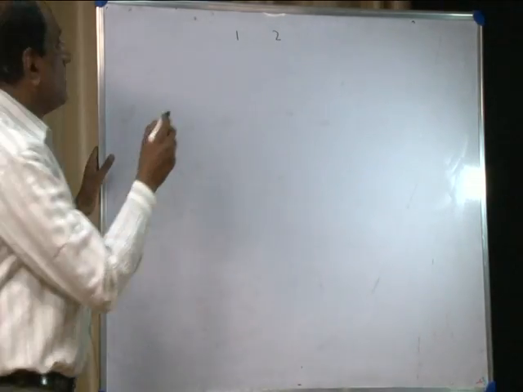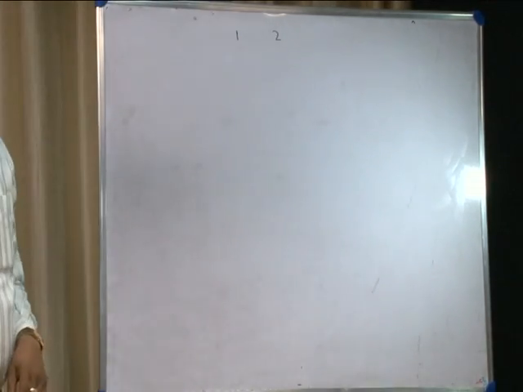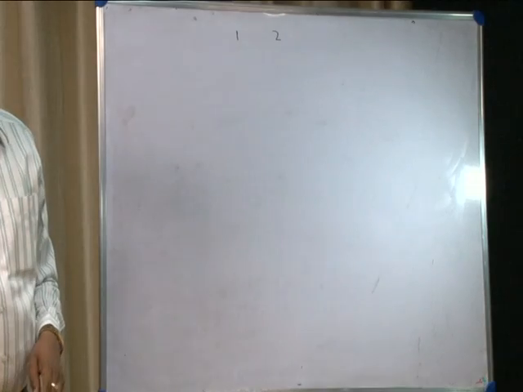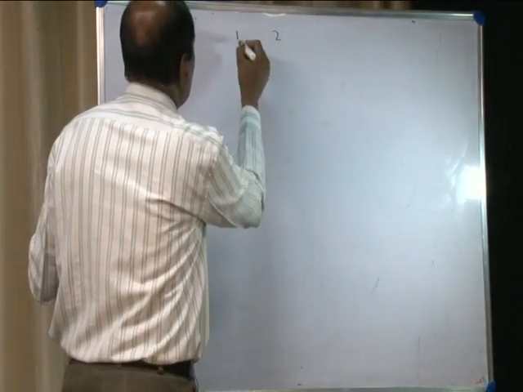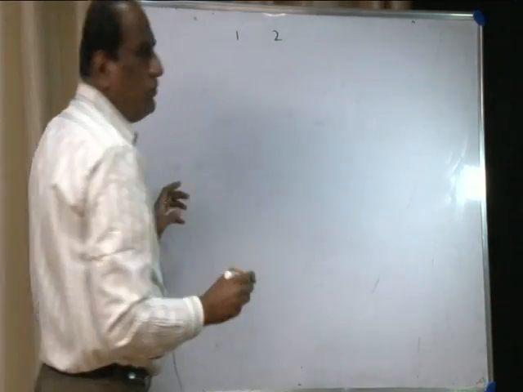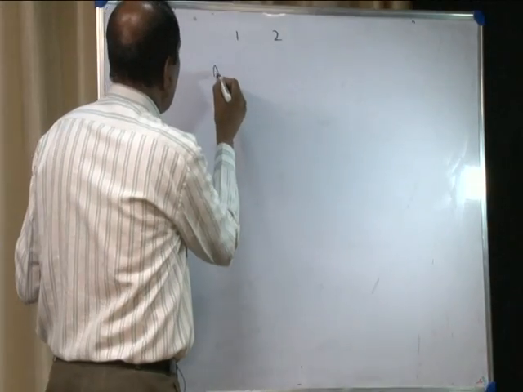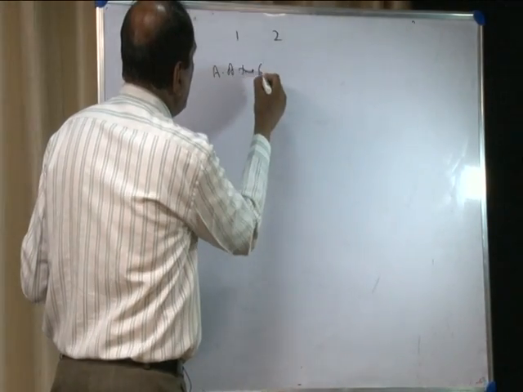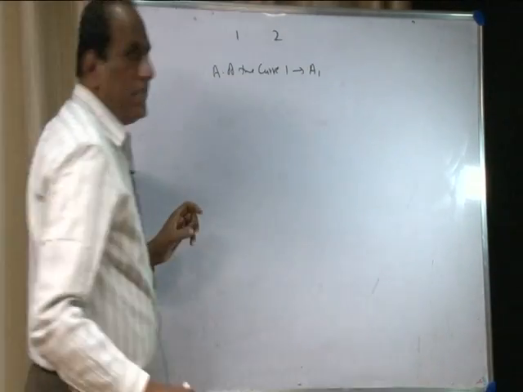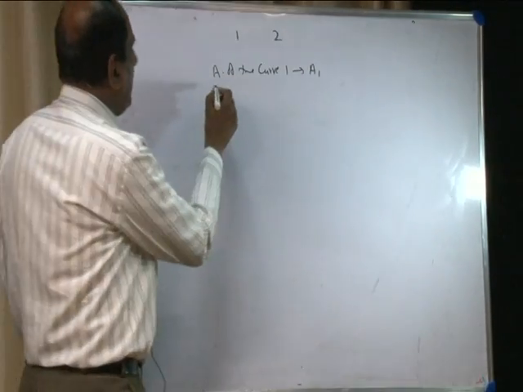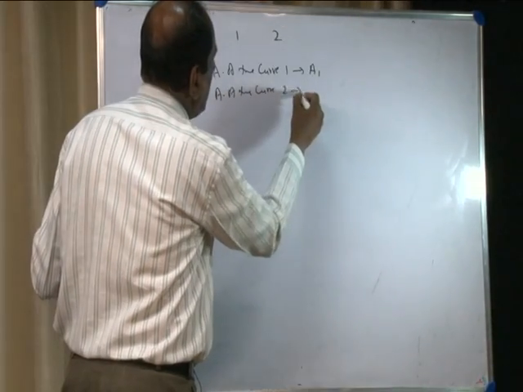See here, suppose two curves are given, y is equal to something, y is equal to something. Curve number 1 and curve number 2. How to find the area between two curves? Consider the area of curve 1 represented by A1, and similarly the area of curve 2 is A2.